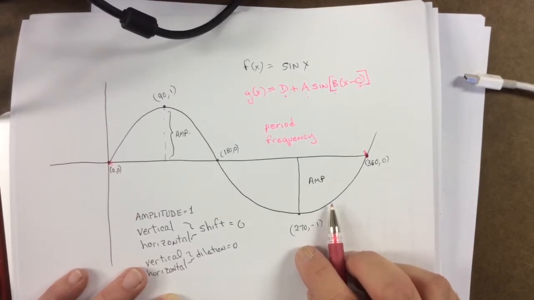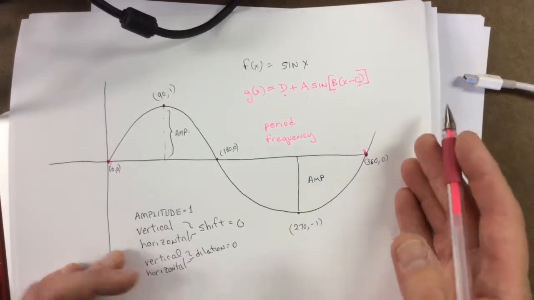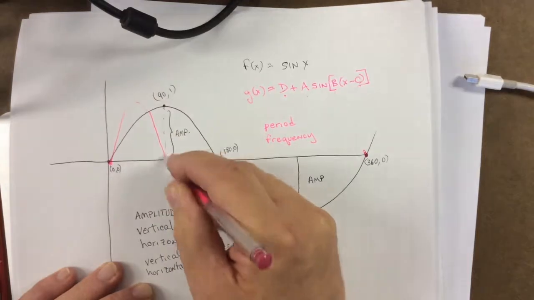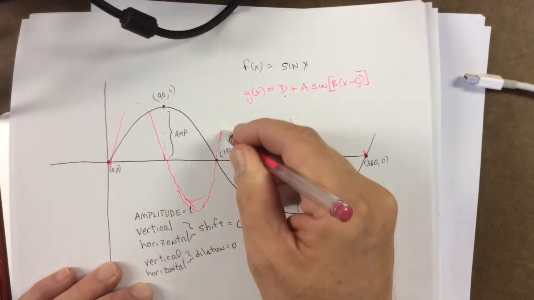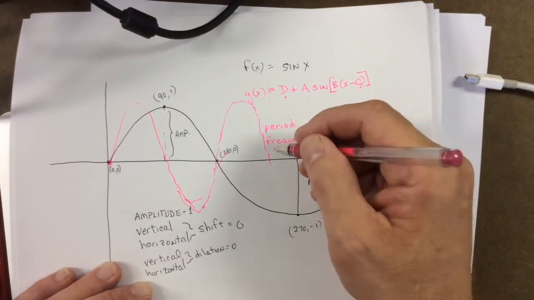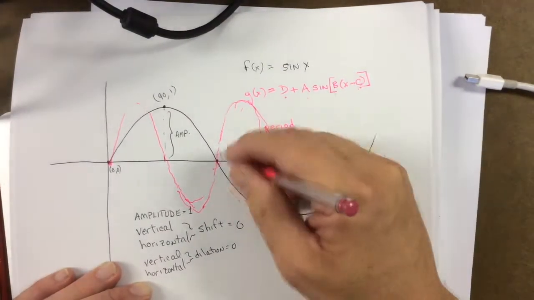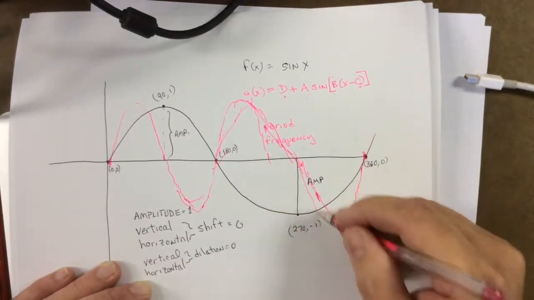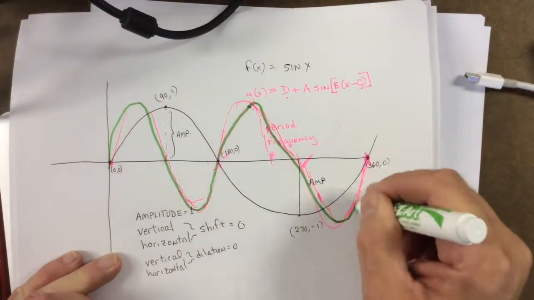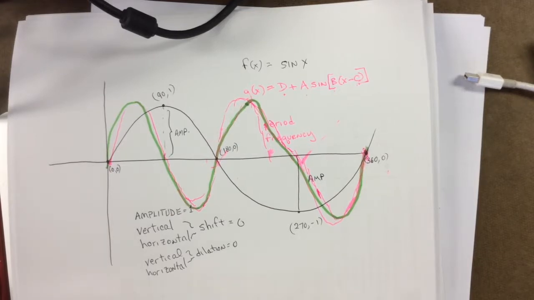If I do a horizontal dilation and I make this do this, and you'll have to forgive me as I try to do this by hand. Okay, so basically, if I've done this, what have I done in terms of horizontal dilation?